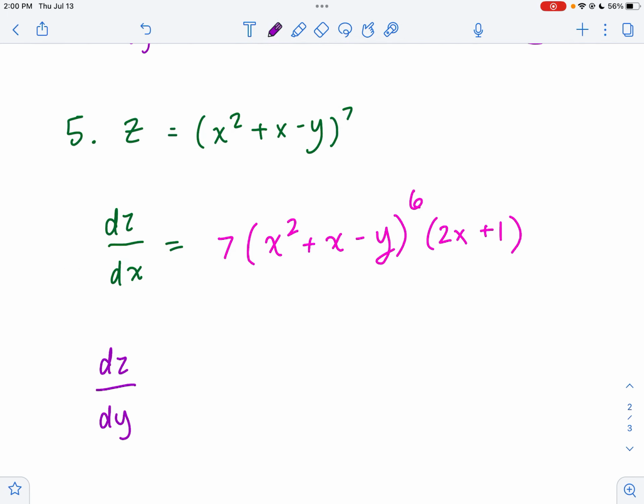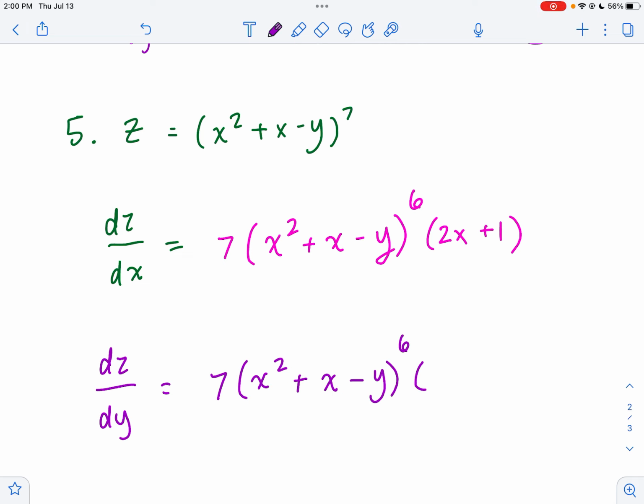So for our second piece of our answer, we're going to look very similarly, because if we are deriving partial z, partial y, we still have the same kind of concept happening here. The power rule, right? Except now if I'm doing dy on this bottom piece, I'm going to derive with respect to y. So I'm going to take all these x's as just numbers.